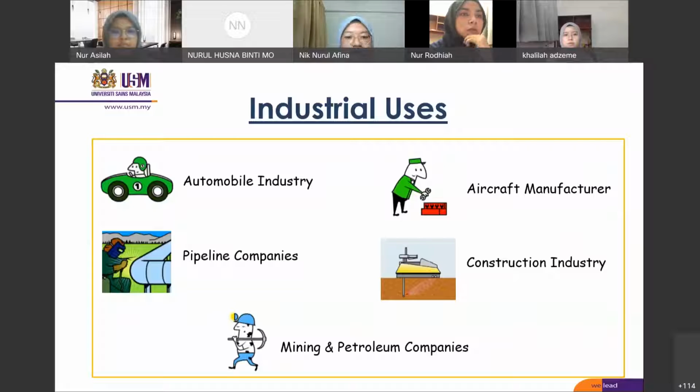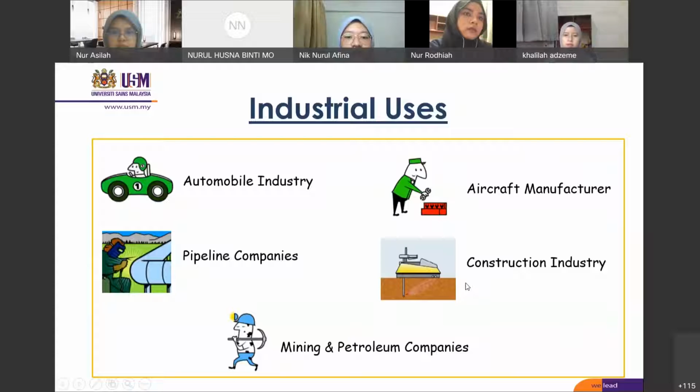The ionizing radiation is being utilized in various sectors. For example, in the automobile industry, radiation is used to test the quality of steel in cars. Pipeline companies make use of radioactive isotopes to validate the integrity of the pipeline. Aircraft manufacturers also use radiation to check for flaws in jet engines.